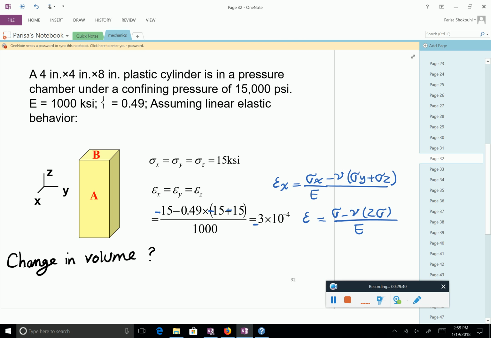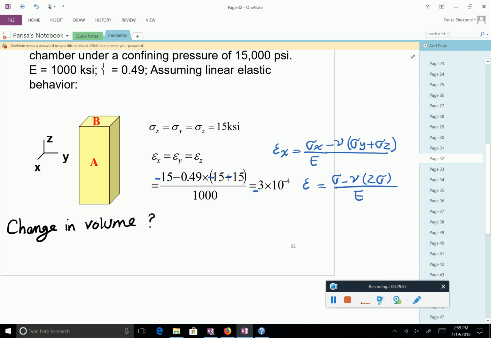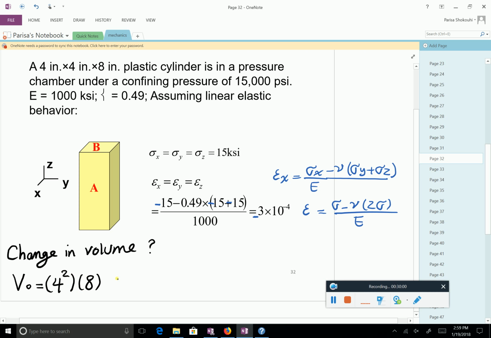Let me give you 1 minute to think about it and start writing. So the original volume V0 is 4 times 4 times 8.